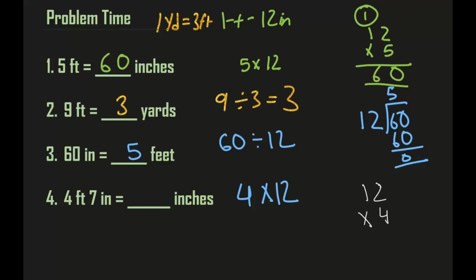I'm doing it in white so it stands out from the third problem. So 4 times 2 is 8. 4 times 1 is 4. So my answer here is not 48. It's going to be 48 plus 7, because we have 7 more inches here to worry about. So 48 plus 7 is 55. So our answer is going to be 55 inches.